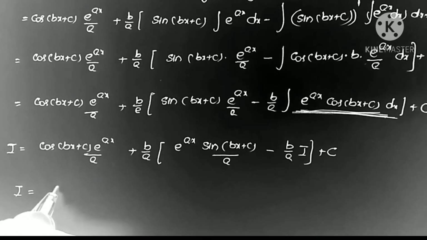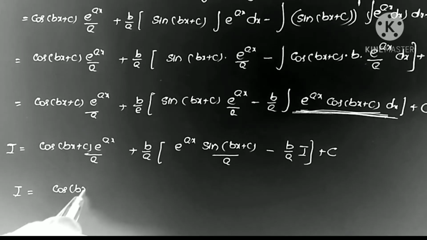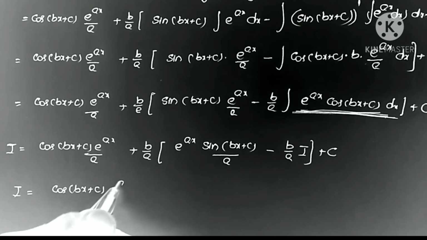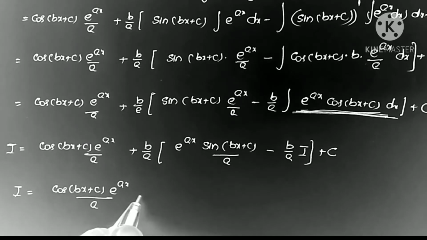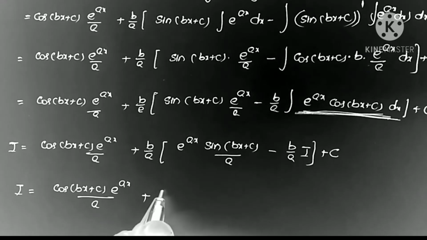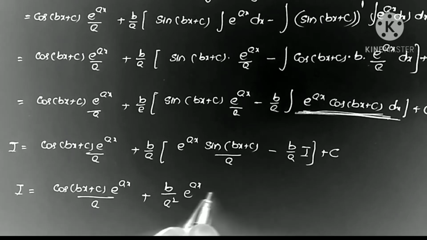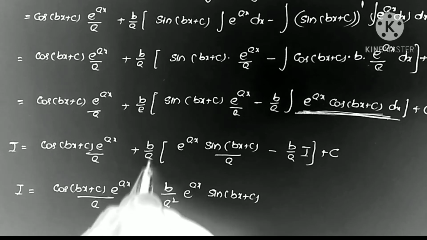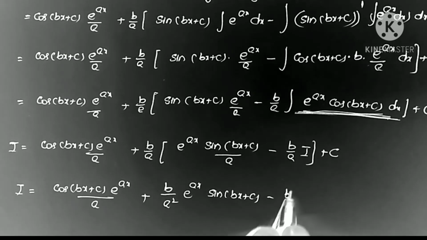Therefore I is equal to cos(bx plus c) into e power ax by a. Now multiplying these two values by this b by a, that is b by a into a square into e power ax into sin(bx plus c), b by a into minus b by a, minus b square by a square into I plus c.